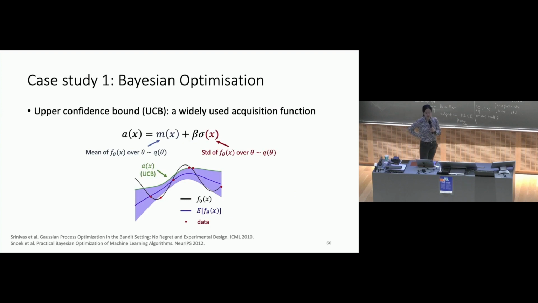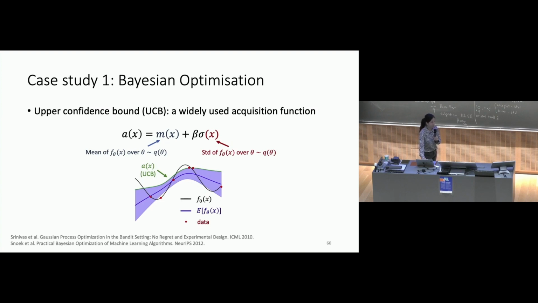Okay, so we talk about the advantage of Bayesian optimization, but how do you actually do that, right? So the key here is to design what is called the acquisition function, this A term. And a very simple acquisition function is called upper confidence bound. So the idea here is the following, right? So you get the mean function out from your model, in this case, a Bayesian neural network.